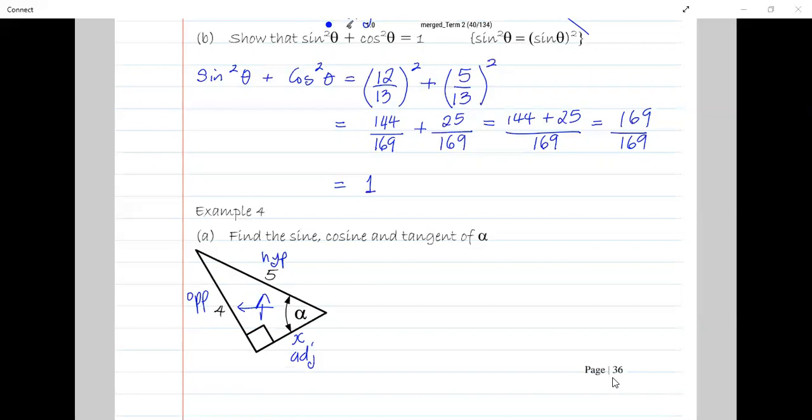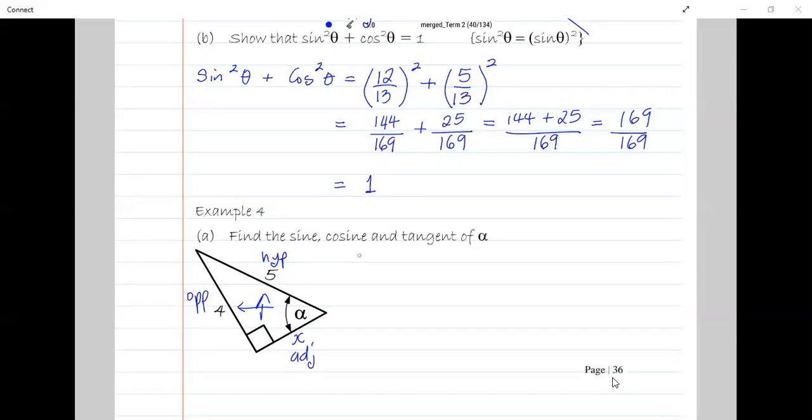All right, so in order to find x, I'm going to use Pythagoras Theorem, because Pythagoras Theorem is used to find the length of the third side of a right angle triangle when the lengths of the other two sides are given.